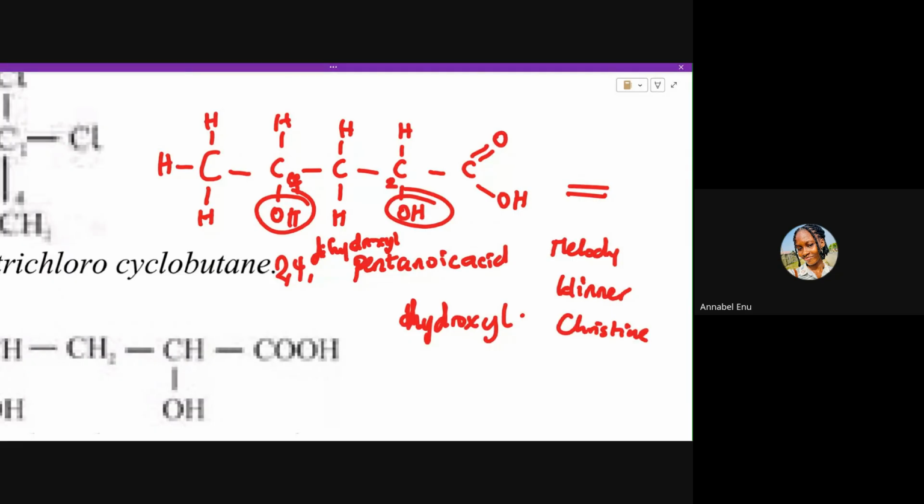So we can't say 2,4-diol pentanoic. This -ol can only appear at the end of the name as a suffix. But when it's not at the end, it's no longer called -ol, it's now called hydroxyl. That is to say, we are now identifying it as an OH group, not an OH functional group.